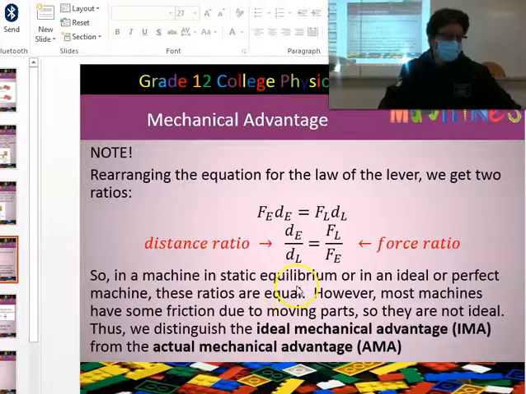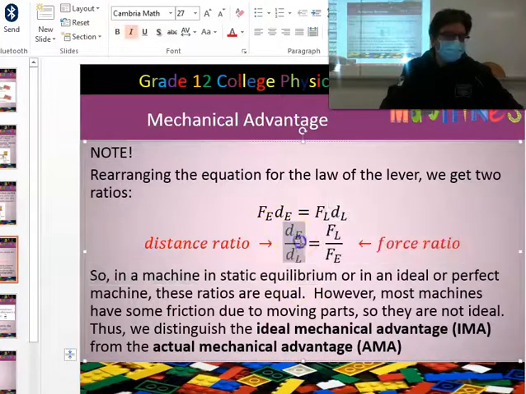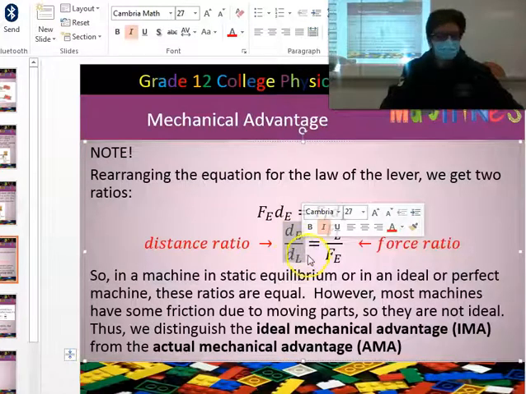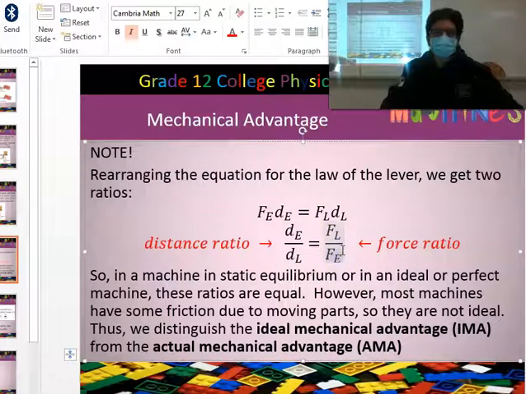So because there's always going to be frictional forces present, this ratio won't always equal this ratio. You're always going to be fighting some sort of frictional forces inside of your simple machine.